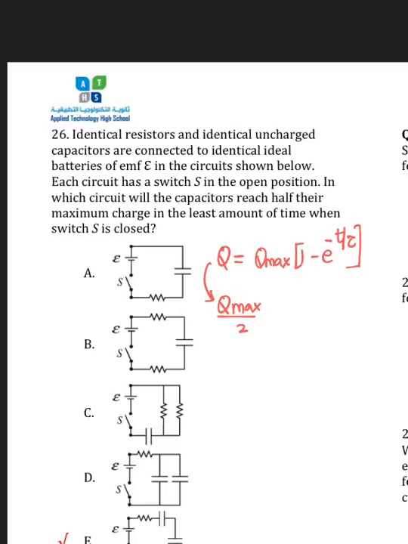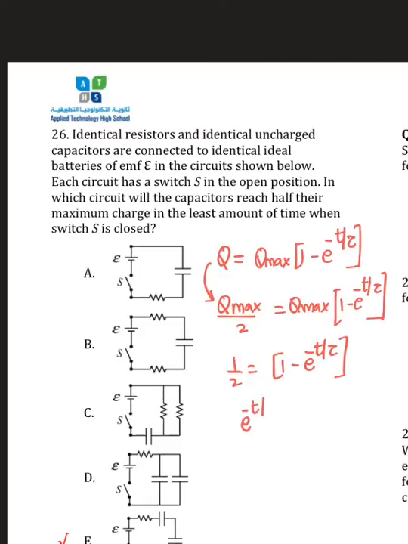So we'll have half equal to 1 minus e to the power of negative t over tau. I'm just solving this equation to get some idea about what it's asking. So e to the negative t over tau equals 1 minus half, which is half. And I can take the natural log on both sides.